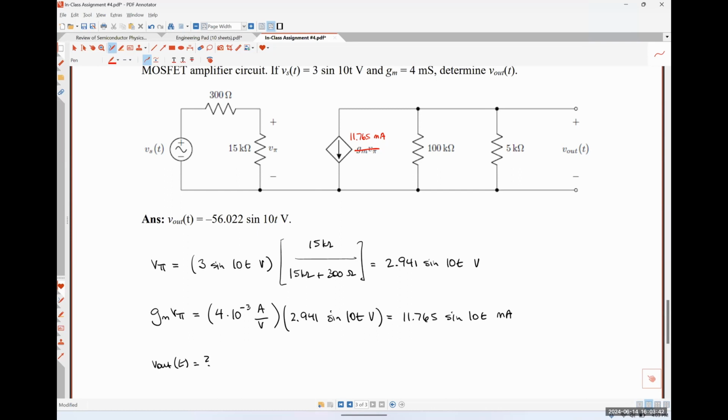So realistically speaking, we could, if we were so inclined, use current division to find the current flowing through this 5 kilo ohm resistor. And then knowing that current and the 5 kilo ohm resistor value, we could find the voltage. However, that's not what I think we should do here.